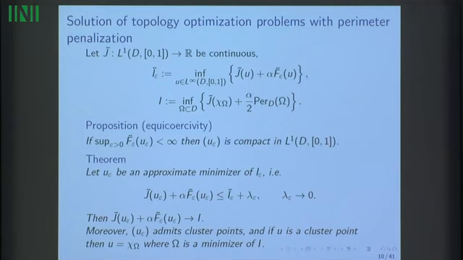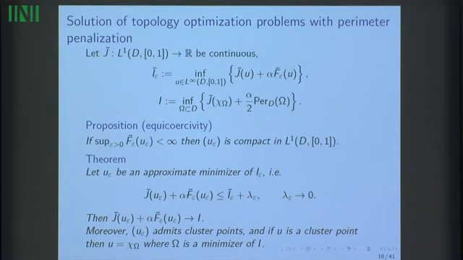Equicoercivity, I told you it's important, so you can prove it. It's not at all easy, but you prove with this functional that if you have this uniform bound, then you have convergence of your sequence of minimizers up to a subsequence.